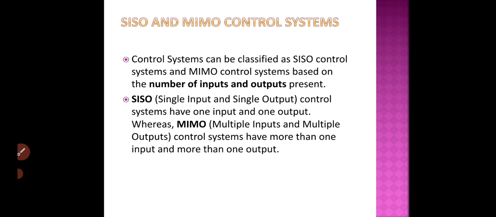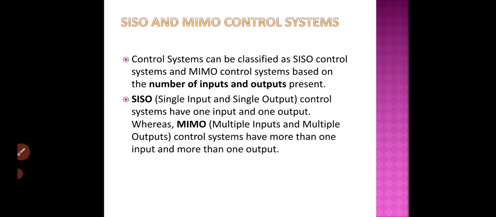Next, going to single input single output control systems. Control systems can be classified as single input and single output control systems and multiple input and multiple output control systems based on the number of inputs and outputs present.